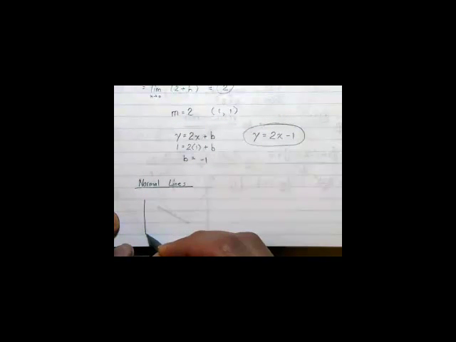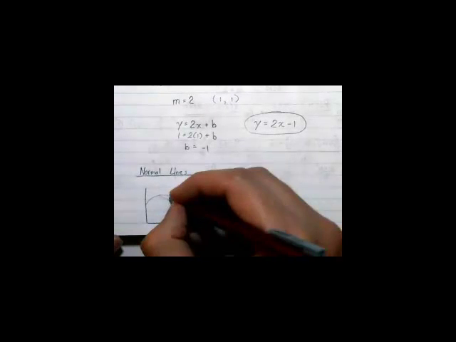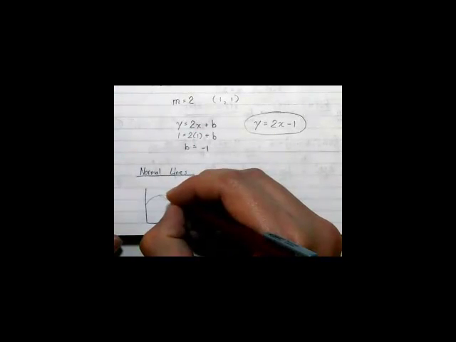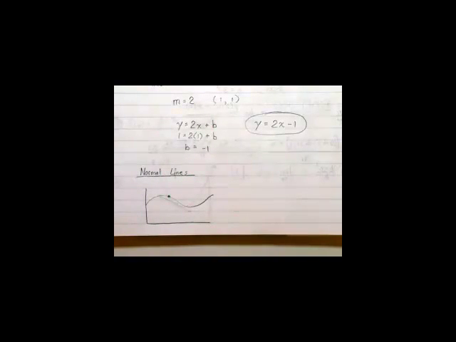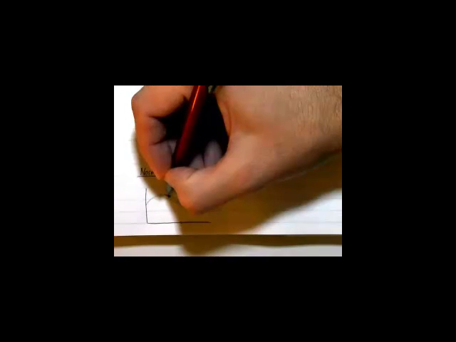Okay? So if we had a little function going along here, let's say I wanted to find the normal at this particular point right here. What I would do to sketch that here, here's your tangent line.